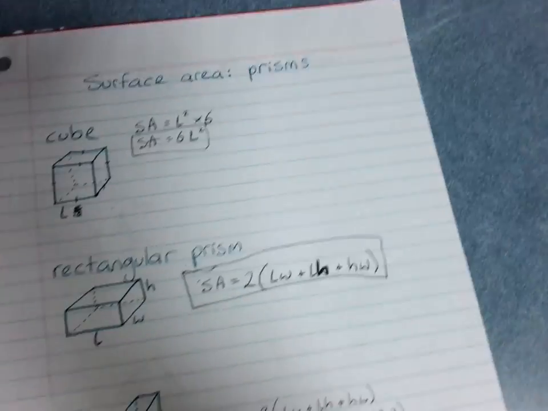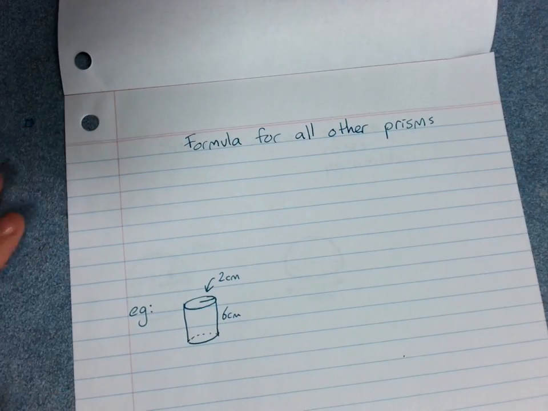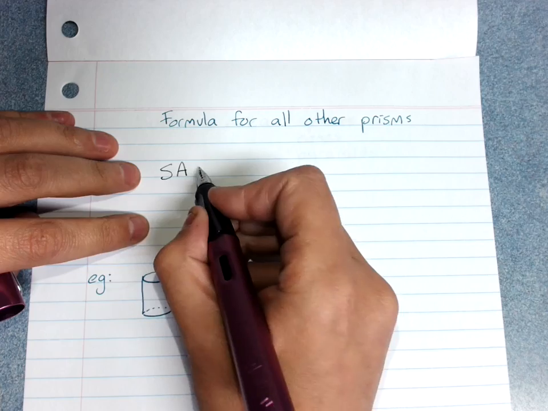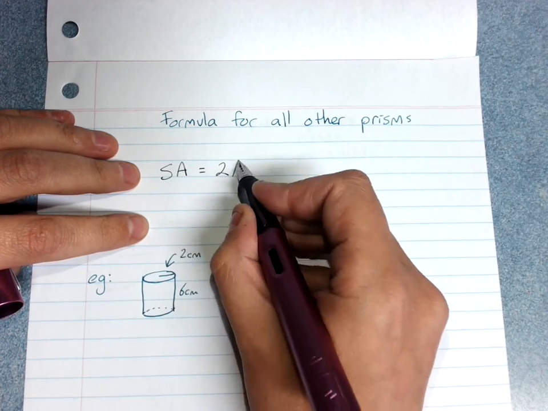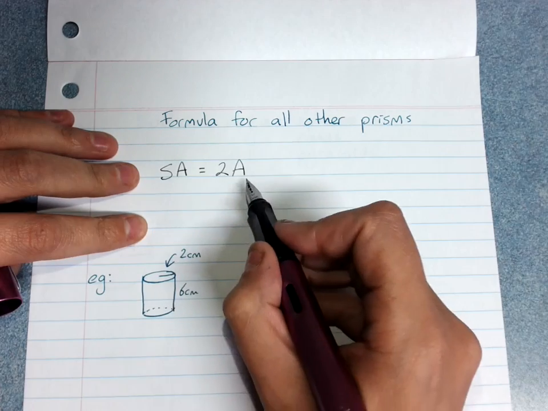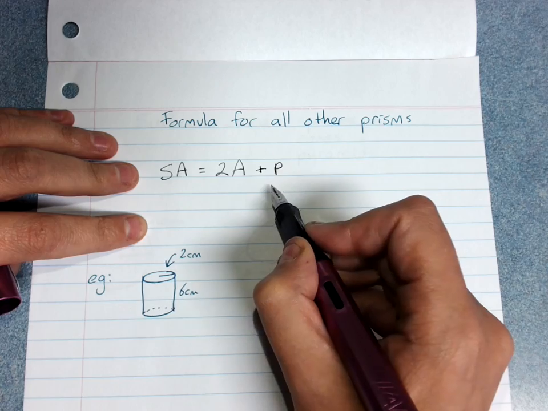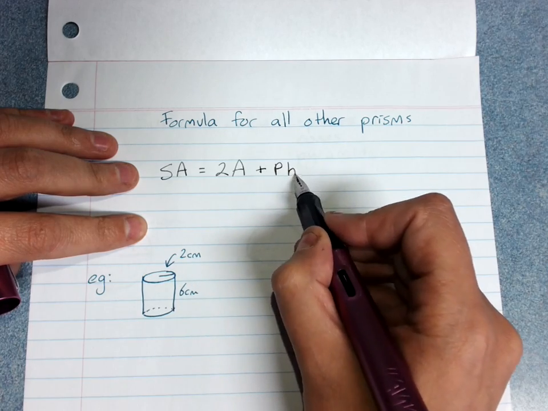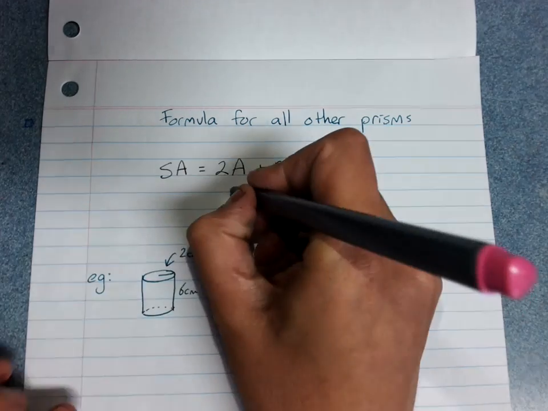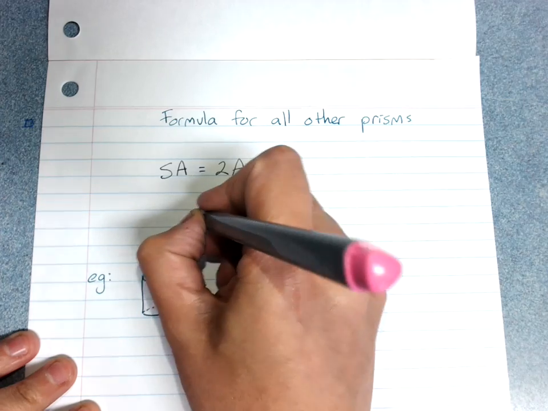So, zooming back in, the way we write that is the surface area is 2 times the area, and remember that's the area of that cross-sectional face, plus the perimeter of that shape times the height of the prism. So we'll add a couple of notes in here. Area of cross-section.